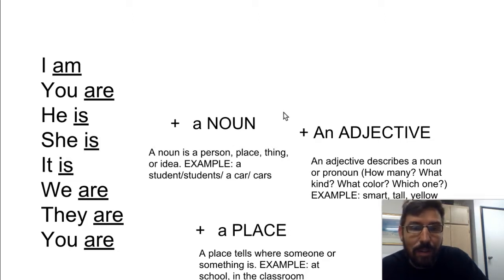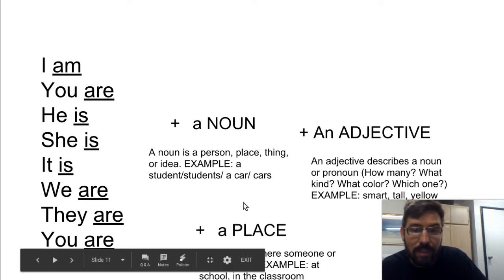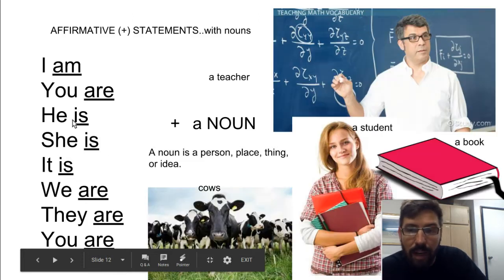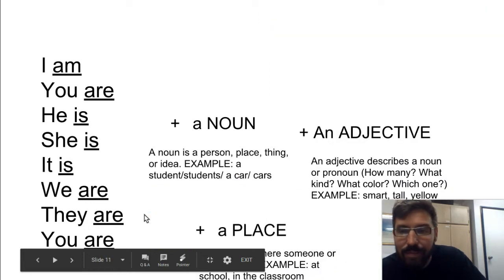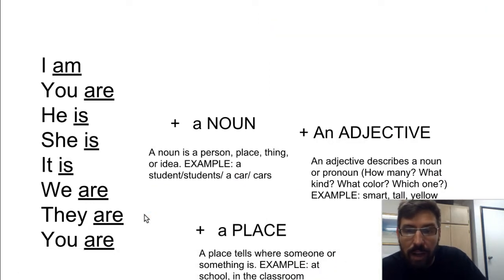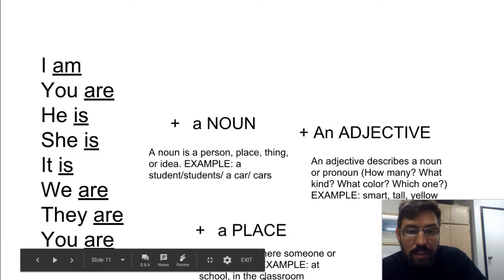Okay, we can also use an adjective. So I can say to you, you are smart, right? Or you are tall, right? And then I can also use a place. I can say, for example, he is, if I'm talking about a boy or a man, he is at school, or he is in the classroom.